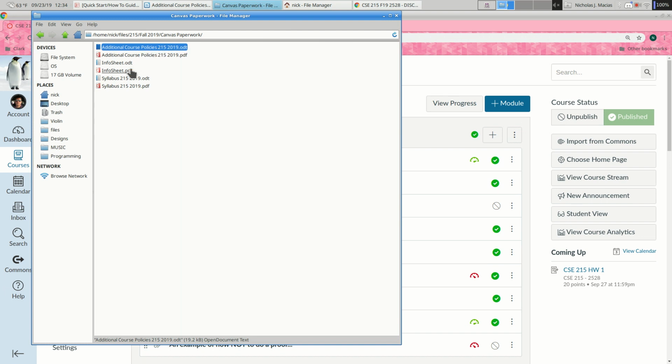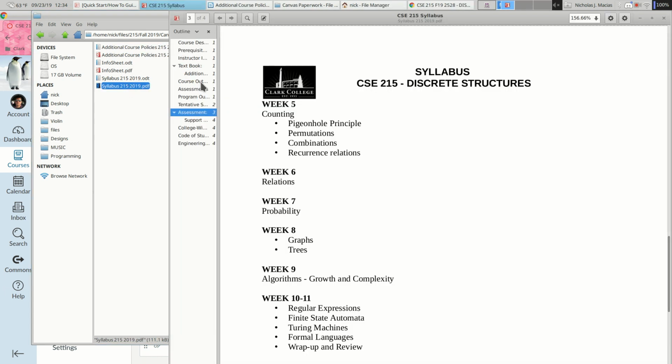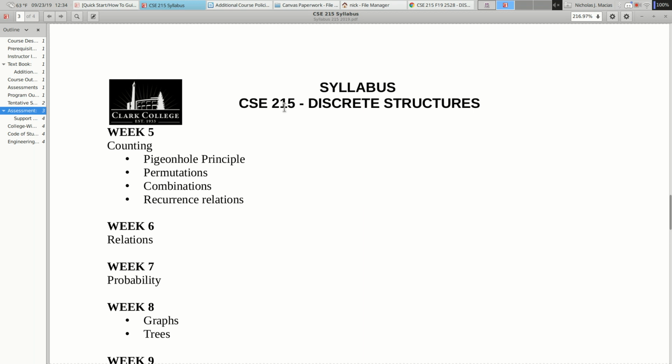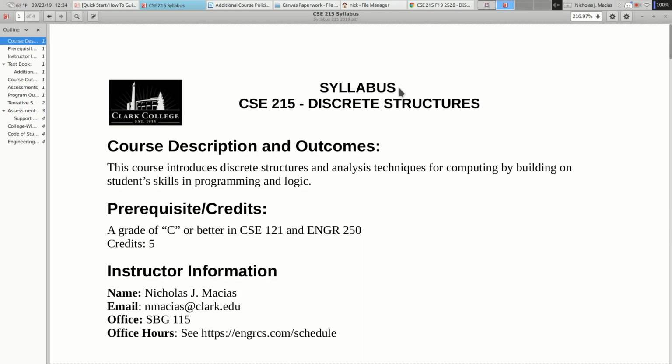So let me go through the syllabus first of all. So this is a discrete structures course. It introduces discrete structures and analysis techniques for computing, but this is geared towards computer science students. It's somewhat of a math course. It's logic.